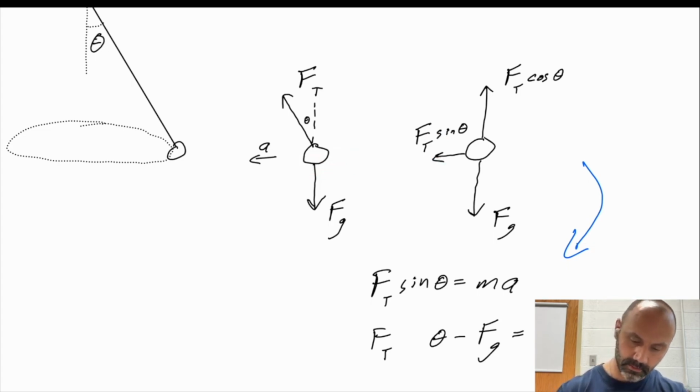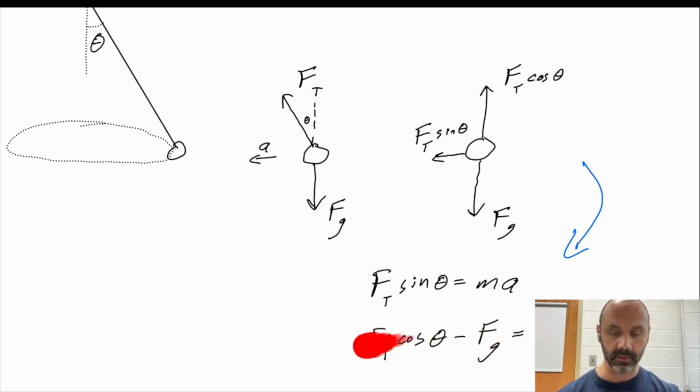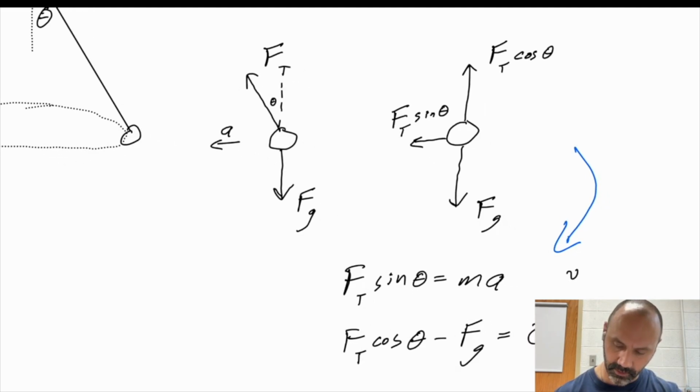And then vertically, there's no vertical acceleration, so FT cosine theta minus Fg is equal to 0. So it's in vertical equilibrium, and horizontally it's accelerating this way. Again, since it's circular motion, I could substitute v squared over r.